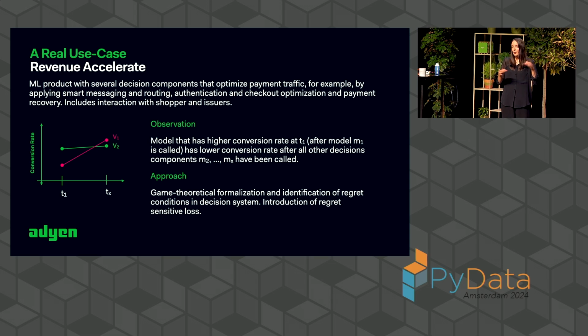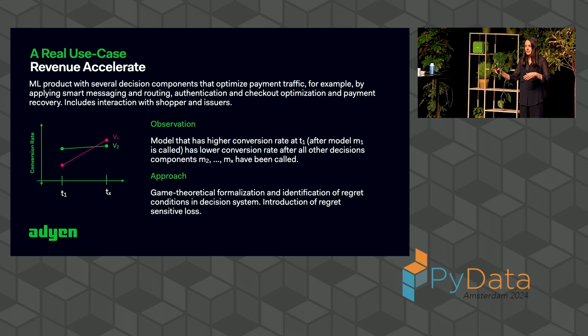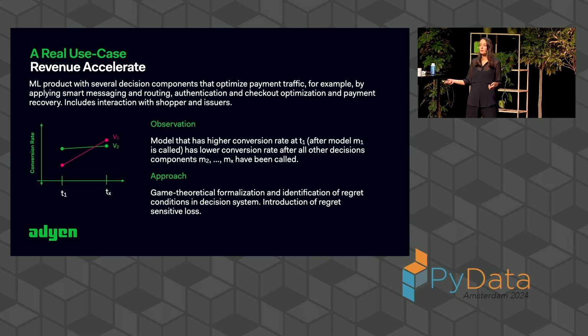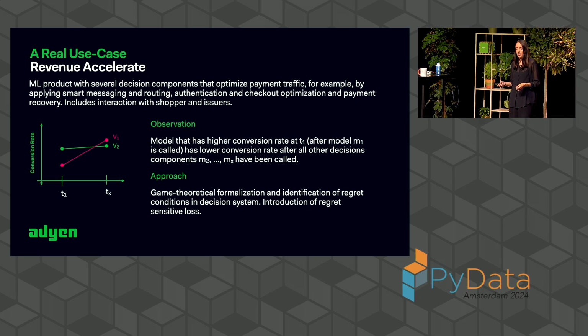So now that I showed you or talked about the general idea and how we can quantify regrets in such a game tree, I want to talk about a real-world use case. So I'm currently, as I said in the beginning, a machine learning scientist at Adyen, and I work on a product called Revenue Accelerate.